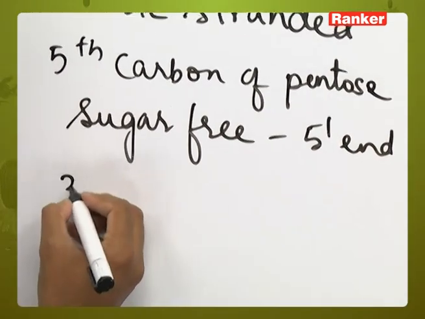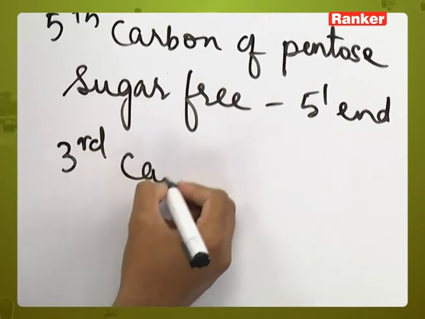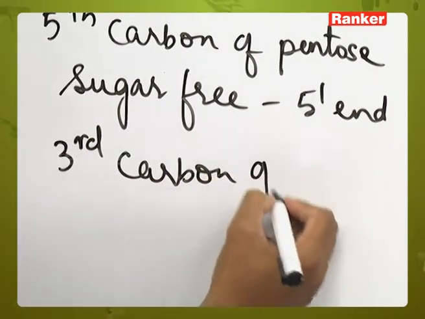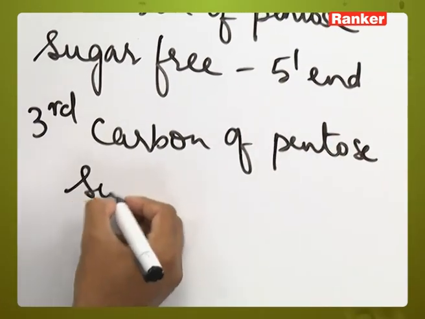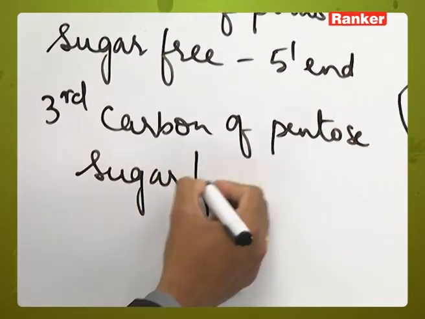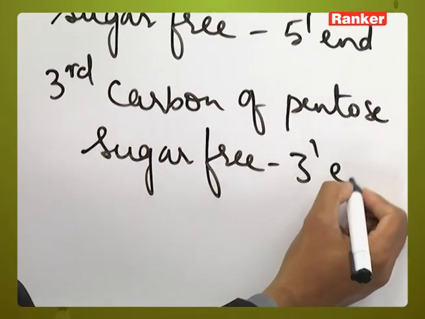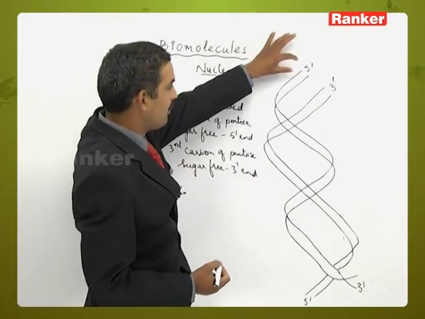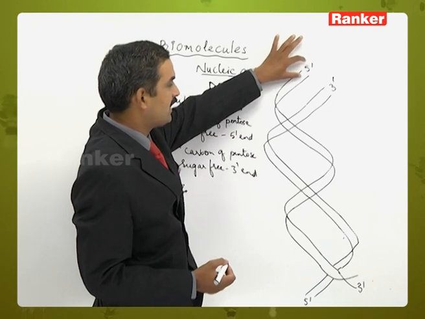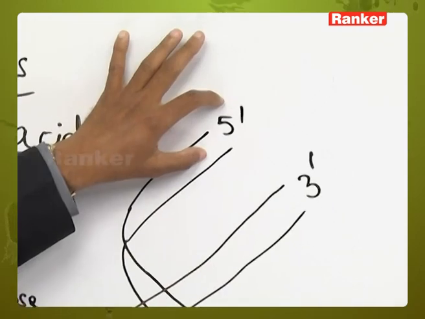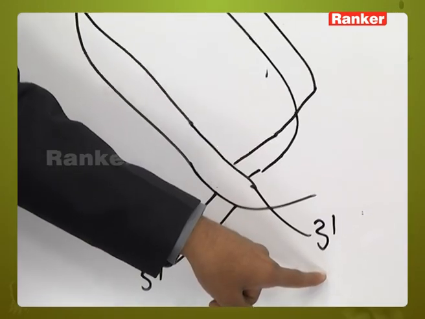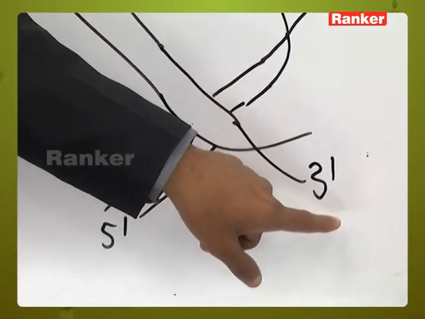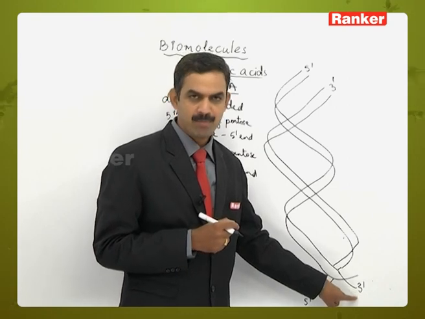And if the 3rd carbon of the pentose sugar is free, on the opposite side, then we call this the 3' end.